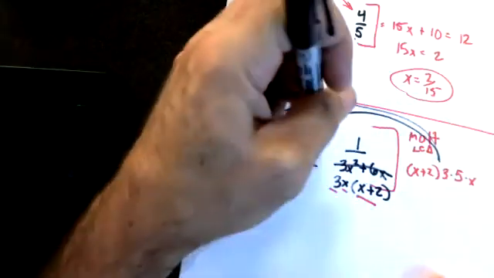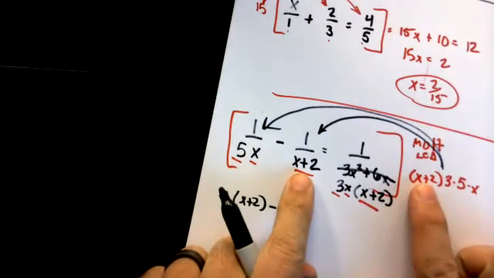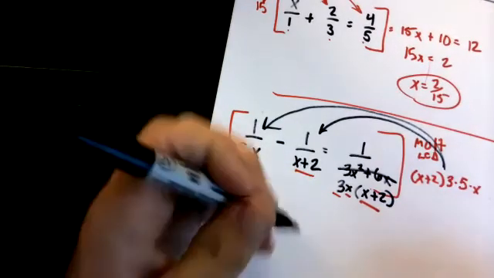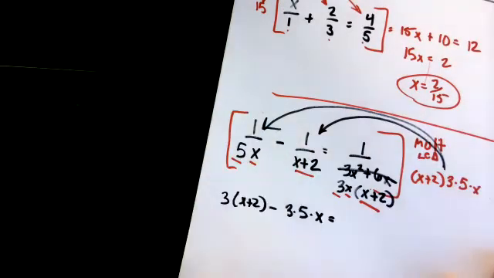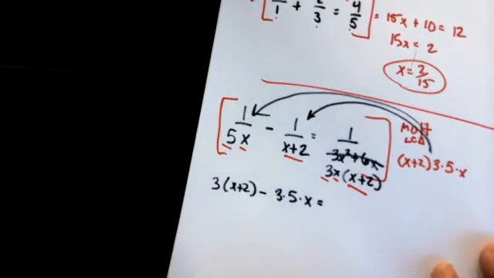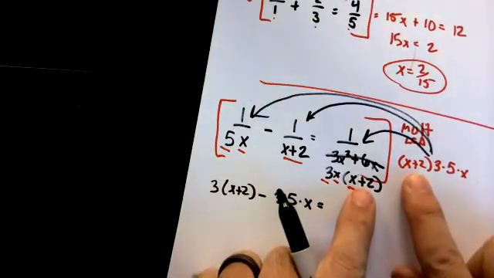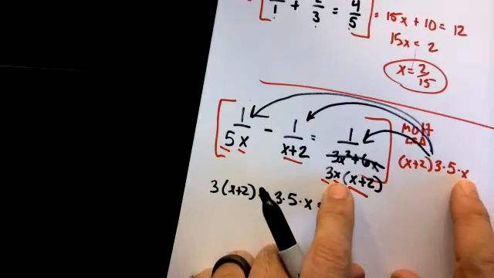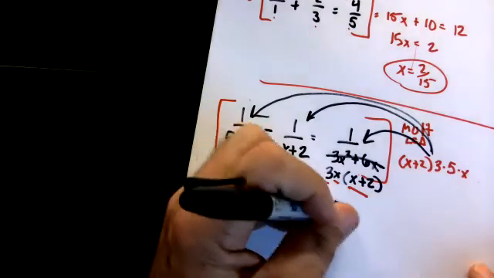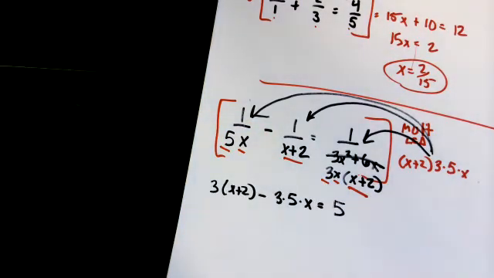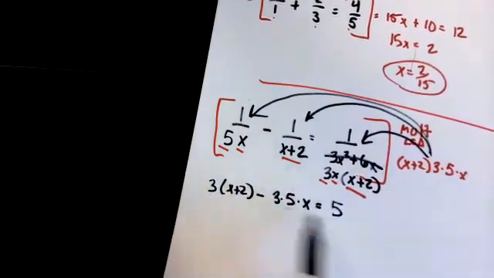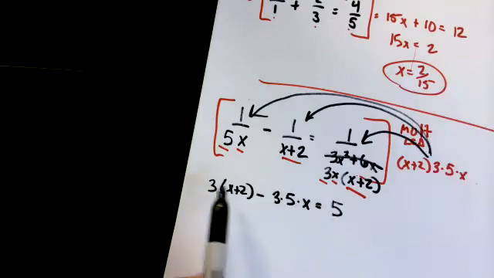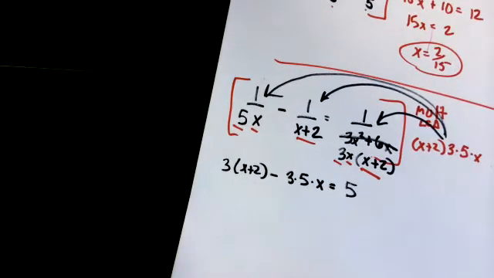When I multiply here, my x plus 2s cancel, and that leaves me with a 3 and a 5 and an x. When I multiply here, the x plus 2, the 3s, and the x's all cancel, leaving me with just the 5. But once I've done that step, I don't have fractions anymore. This is just a regular linear equation that I can solve.